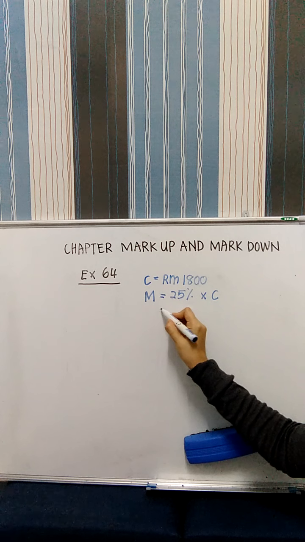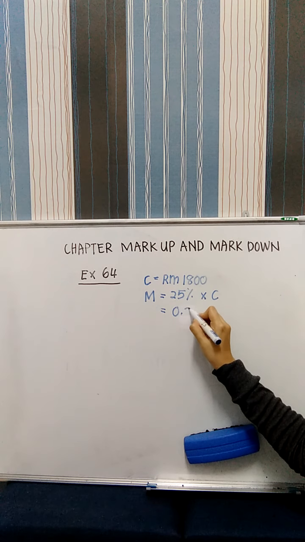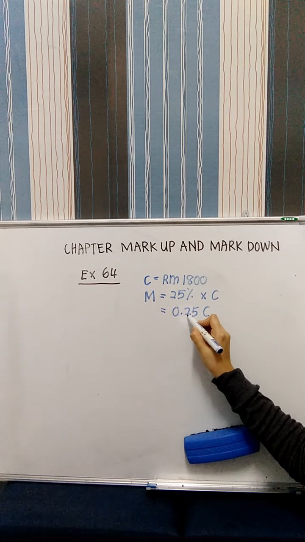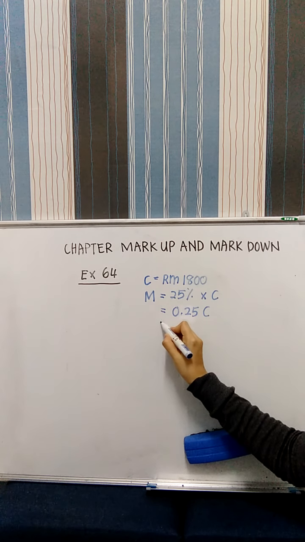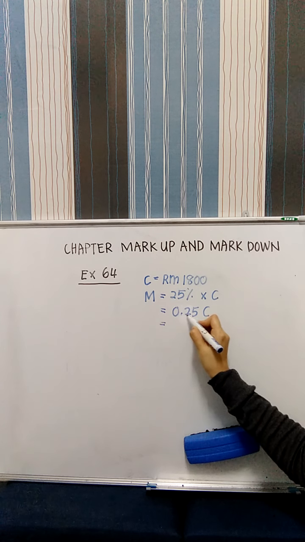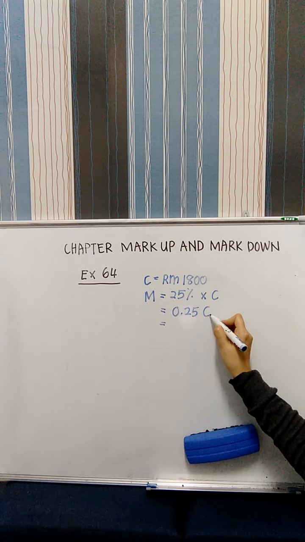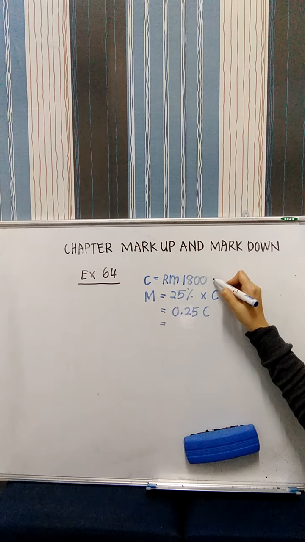Okay, so 25% you can convert to 0.25 times C. So 0.25 C. So how to calculate? 0.25 times C. C is given 1800.